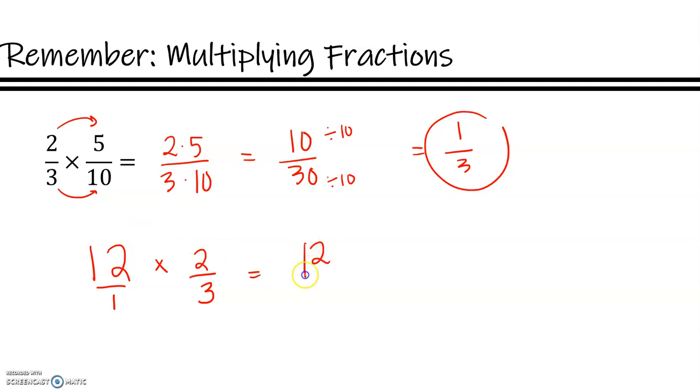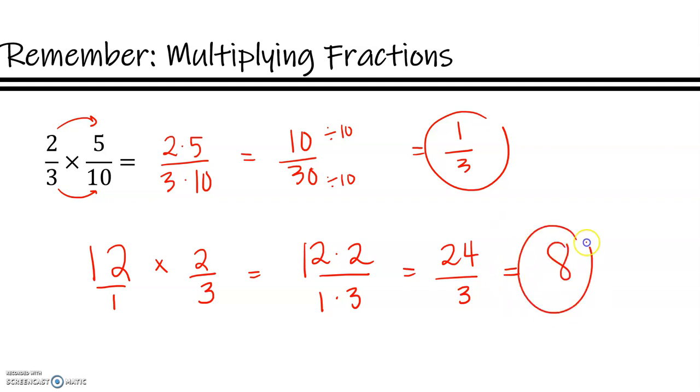We're going to do 12 times 2 and 1 times 3. That's 24 over 3. And that simplifies to 8 wholes because 24 divided by 3 is 8. You could also look at this as dividing both of them by 3. That would give you 8 over 1, which again is just 8.